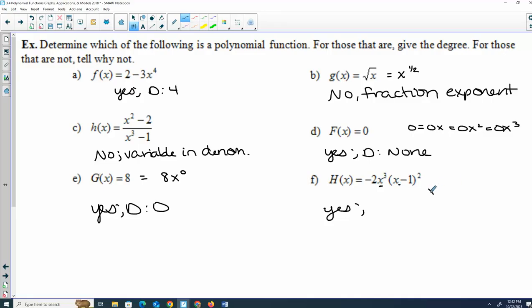So you would end up with an x cubed times an x squared, which would give you x to the 5th. So the degree is 5. Do you guys understand how I got the degree there? So when it's written in that factor form, we have to think about when we multiply it out, what would our power of x be?